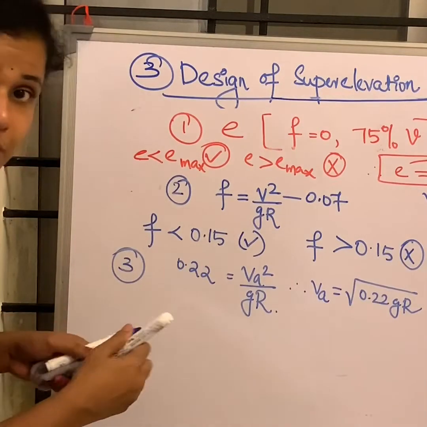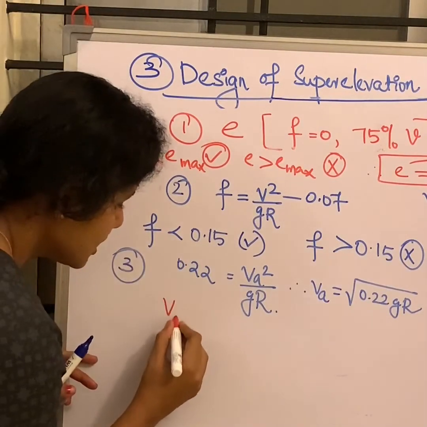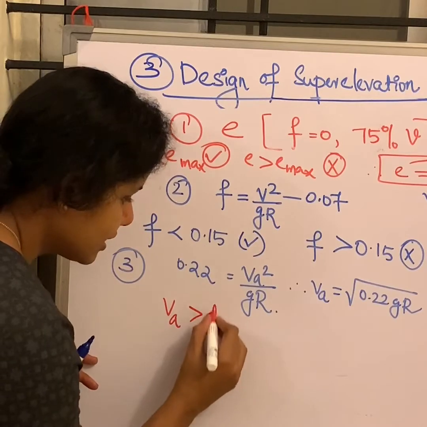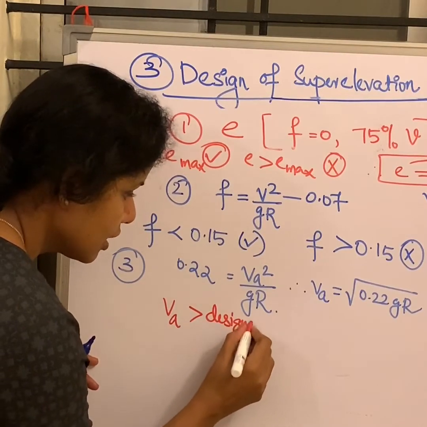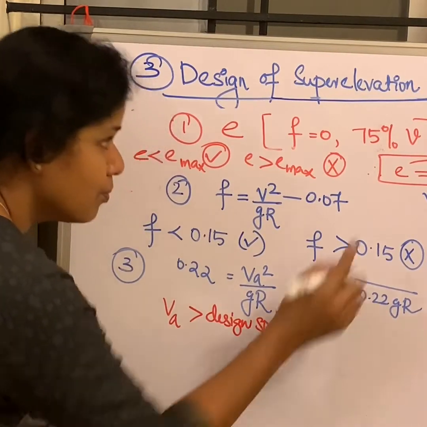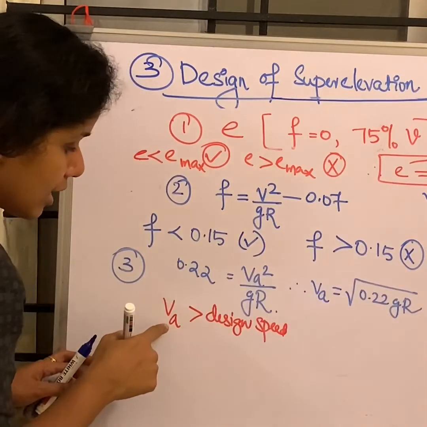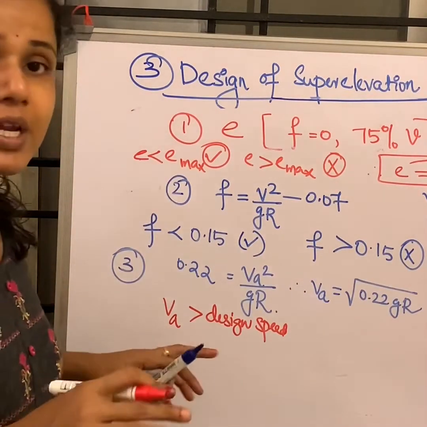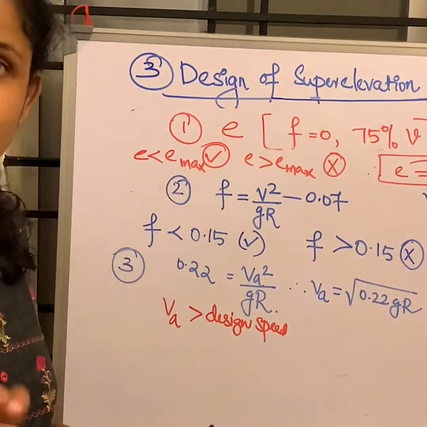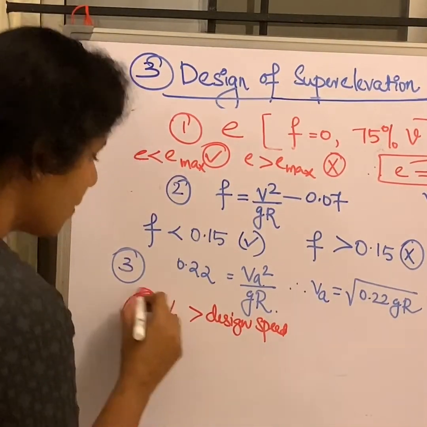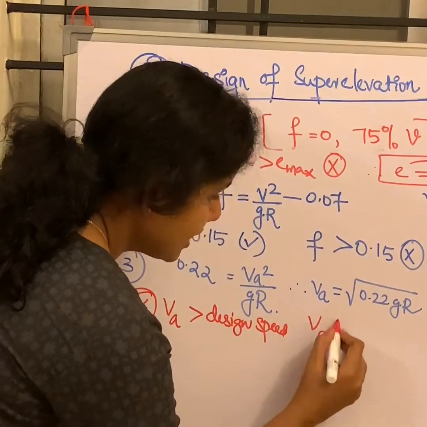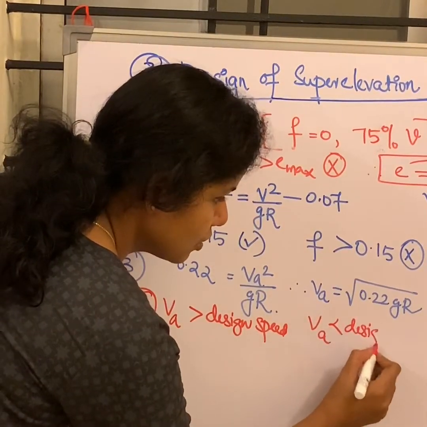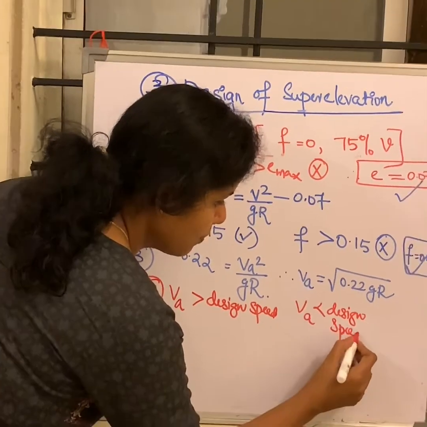This allowable speed, I have again a criterion: I am going to check whether it is greater than the design speed. If I am limiting both cases, and the allowable speed I am able to travel at is greater than the design speed, yes, I am safe. But if it is coming less than the design speed, then I do have a problem.